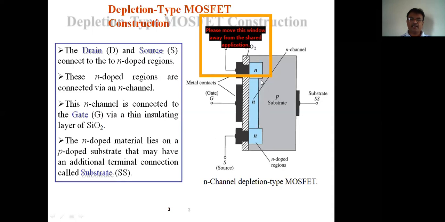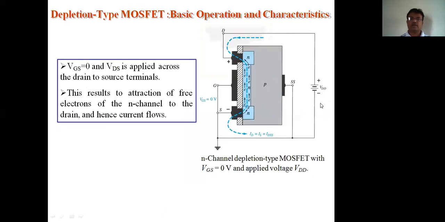The N-doped material lies on a P-type substrate that may have an additional terminal connection called the substrate, denoted by SS.